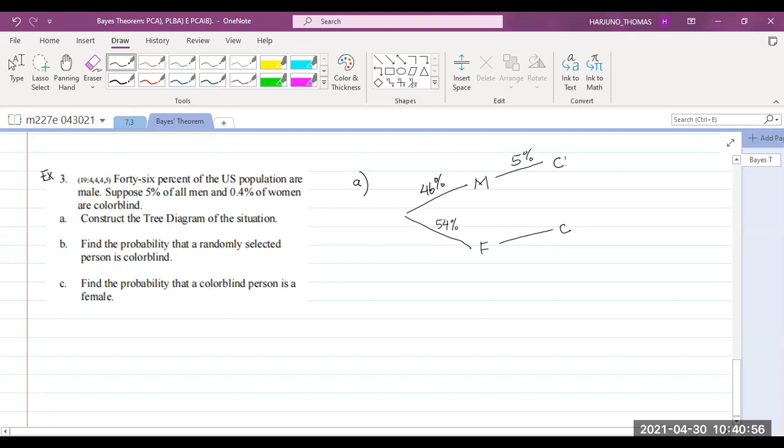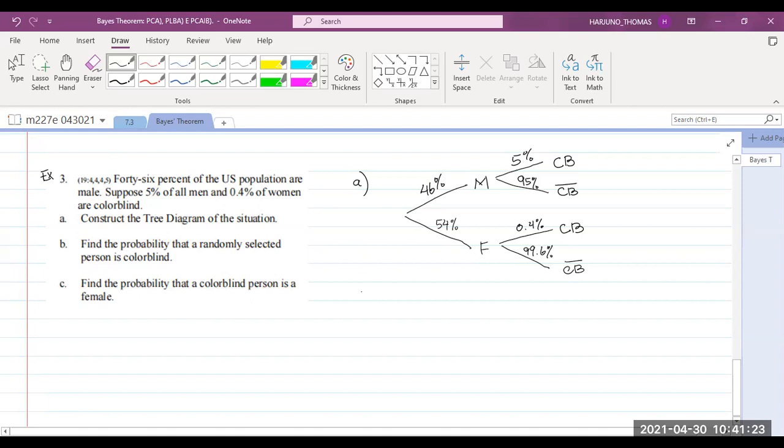Let me use CB for colorblind. So the ones not colorblind: 95% of men are not colorblind, and of women, 99.6% are not colorblind.